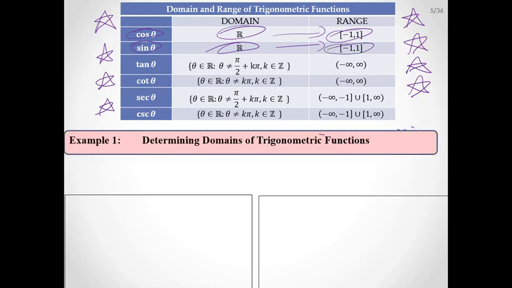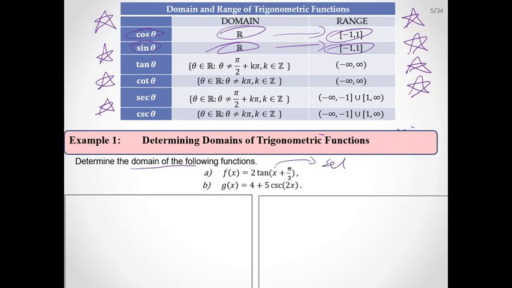Now, what kind of questions can we expect? Can we answer with this knowledge? Okay, determine the domain of the following functions. Now let's concentrate here. We want to find the domain. Domain means the set of the x's.